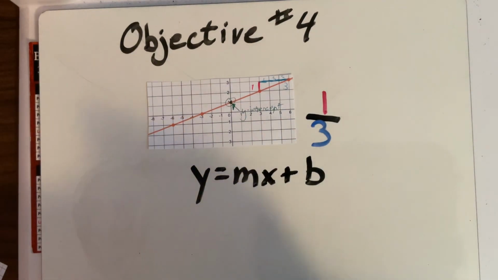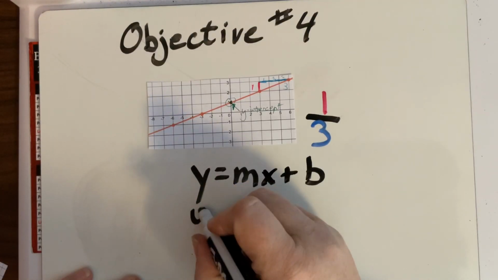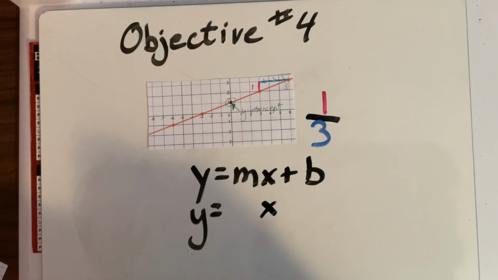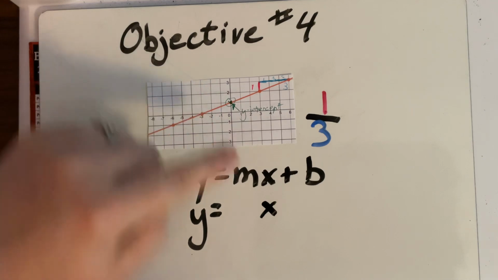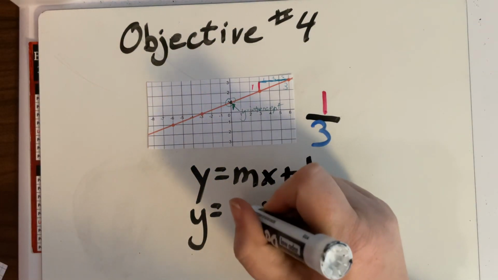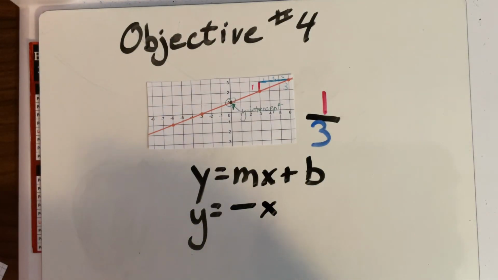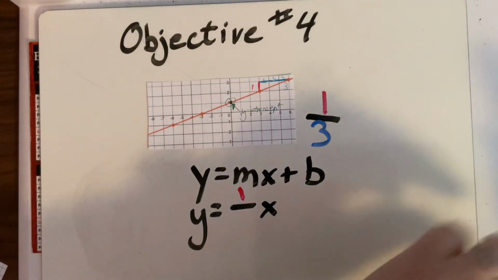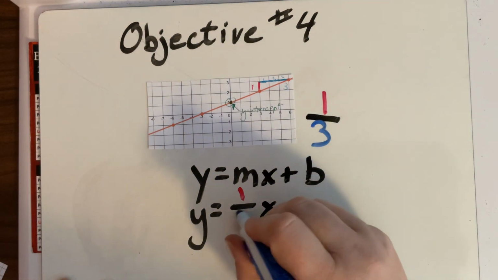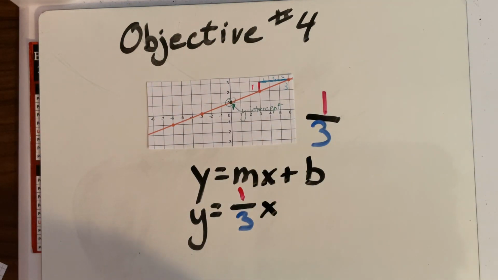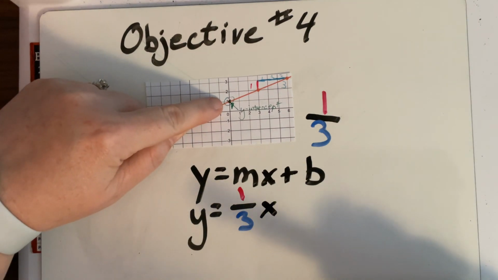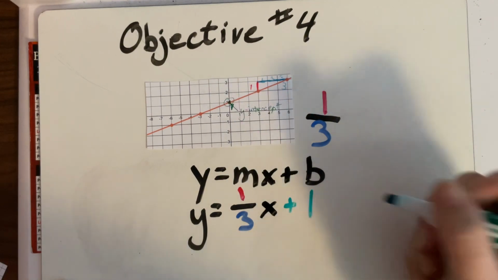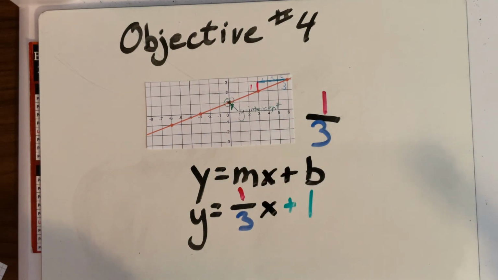So I'm going to keep my y. Y equals something x. And I've got my handy dandy 1 over 3 x, and then my y-intercept is +1. There we go. And that's my answer.